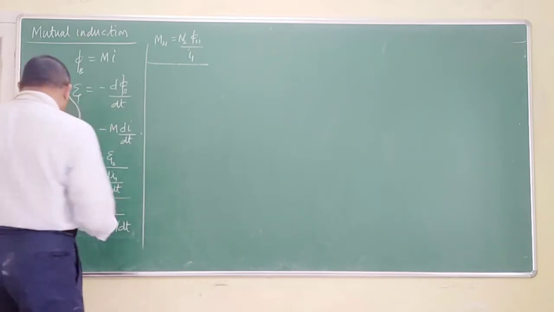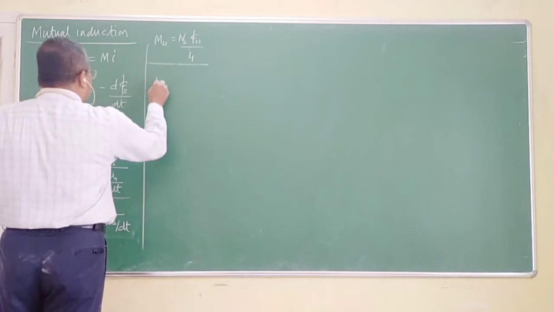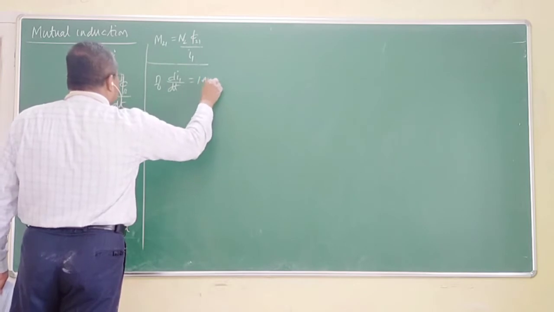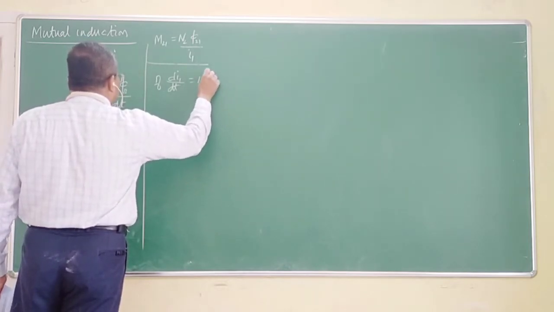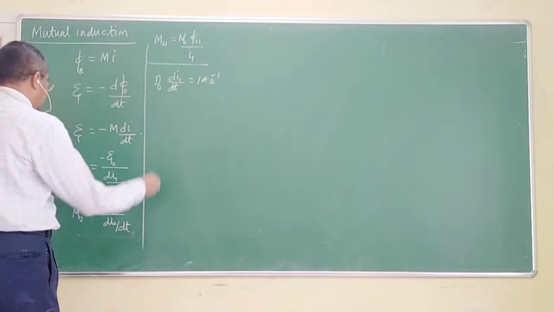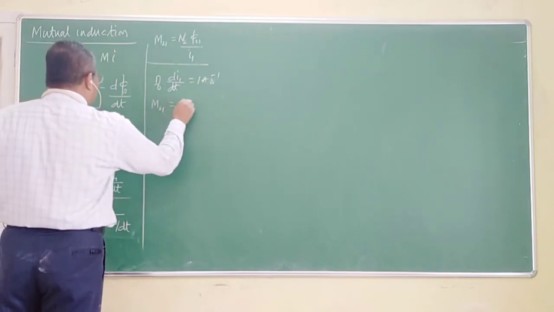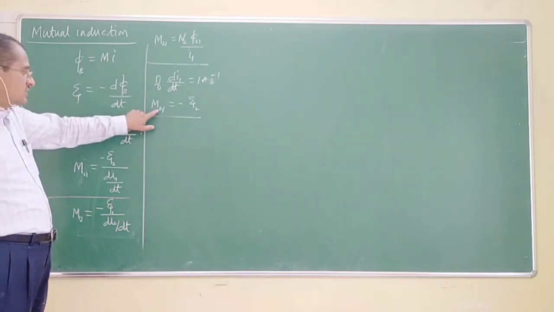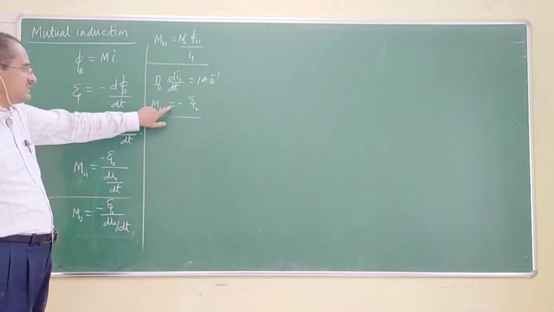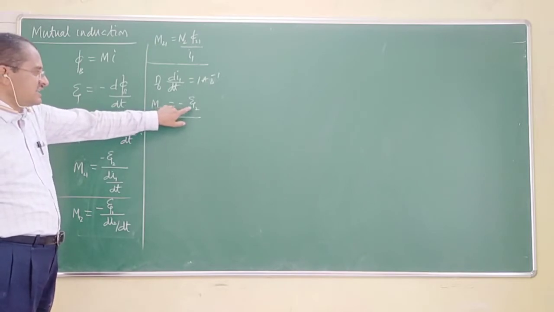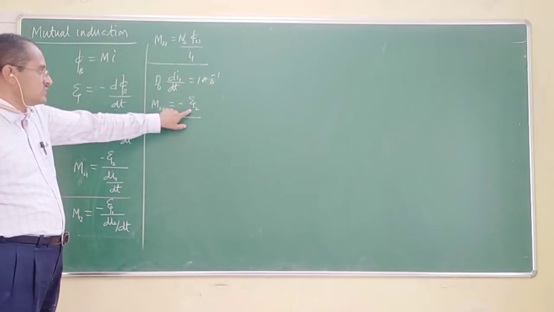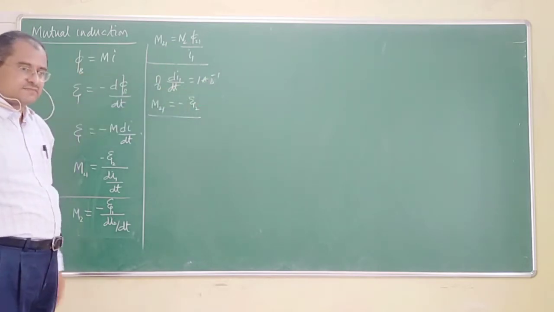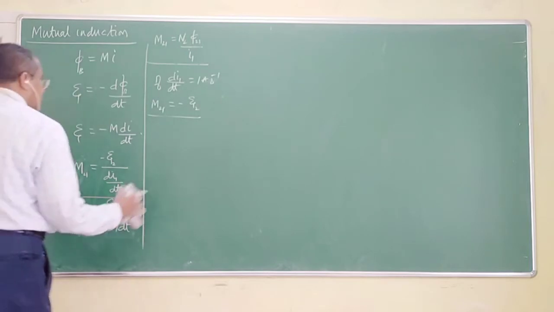In this expression, if di1 by dt is 1 amp per second, then M21 will become minus E2. Is that okay to you, sir?